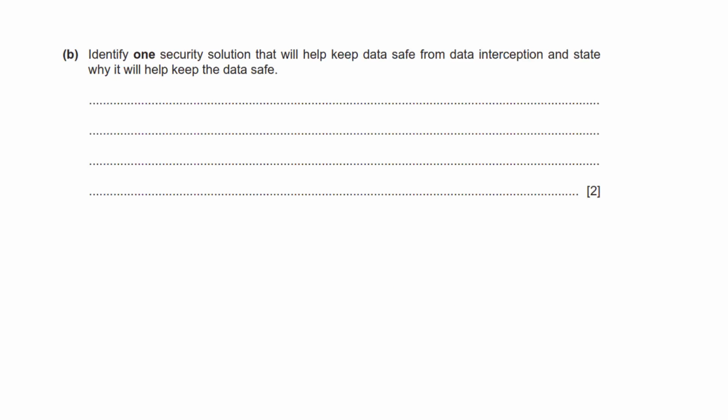Okay, so moving ahead, part B, it says identify one security solution that will help keep data safe from data interception and state why it will help keep the data safe. So one technique is encryption. So you send encrypted data.